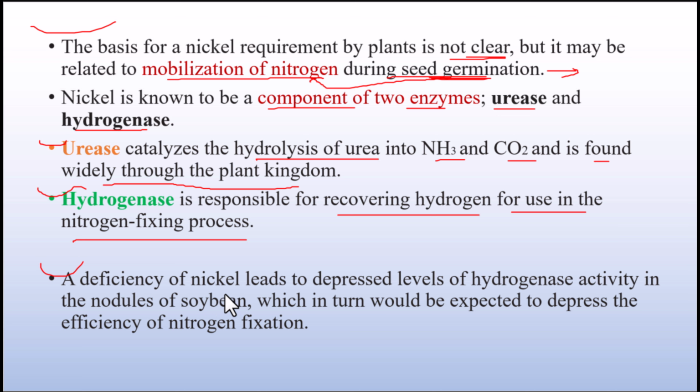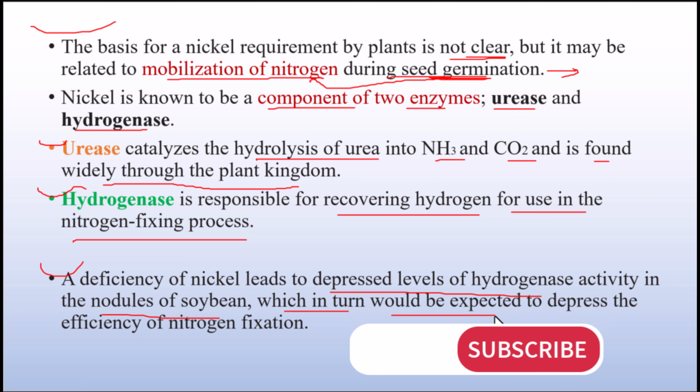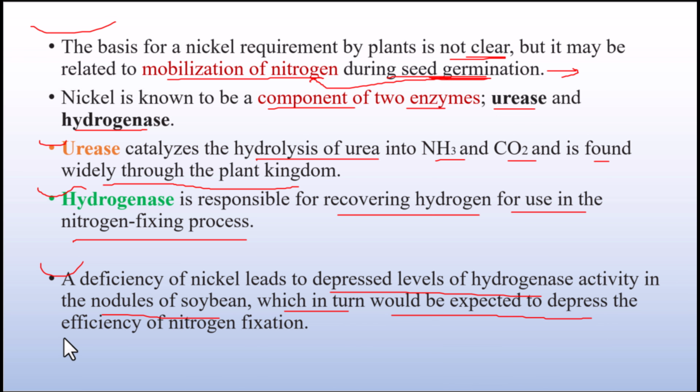Deficiency of nickel leads to depressed hydrogenase activity in the nodules of soybean, which in turn would be expected to depress efficient nitrogen fixation. So these are some important deficiency symptoms of nickel.